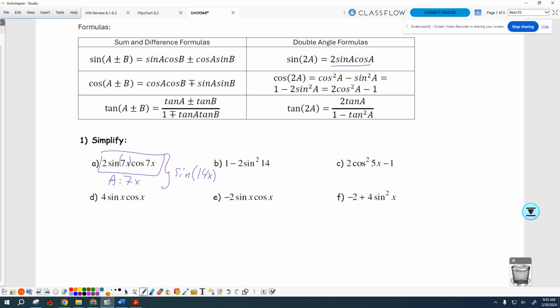And I got that on the minus 1. So I plug it in. 1 minus 2 sines.